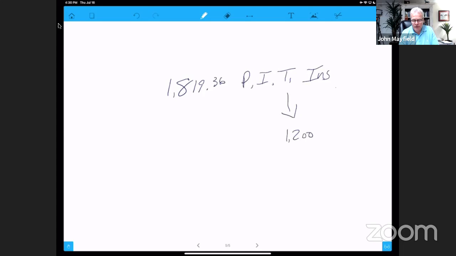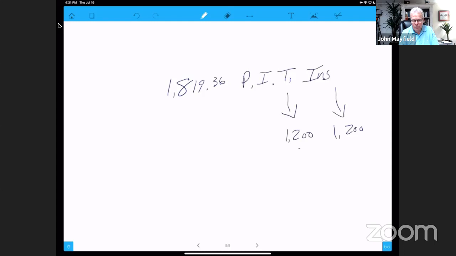Now, hopefully they won't, but they could say something like this. The payment is $1,819.36, which includes principal, interest, taxes, and insurance. Don't freak out, because they're going to give you the taxes, $1,200 a year, and they may give you the insurance as $1,200 a year.